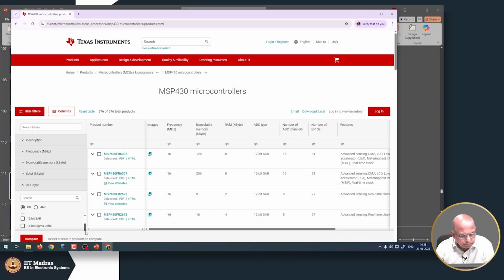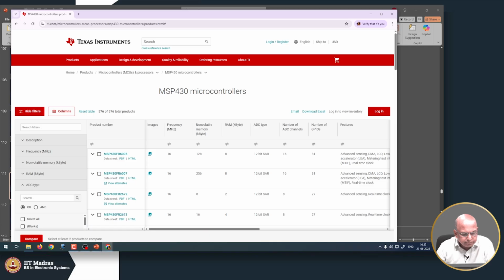Okay. For example, a 16-bit sigma delta ADC or an 8-bit successive approximation register kind of ADC. So, they may support different kinds. Suppose we are satisfied with a 12-bit SAR. Okay. Then we are saying I only want to look for such MSP 430s.